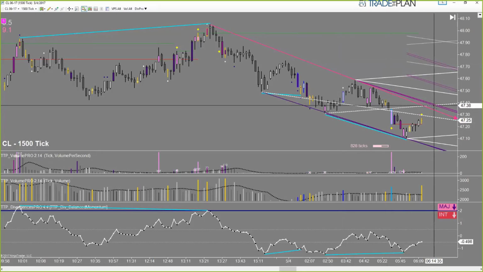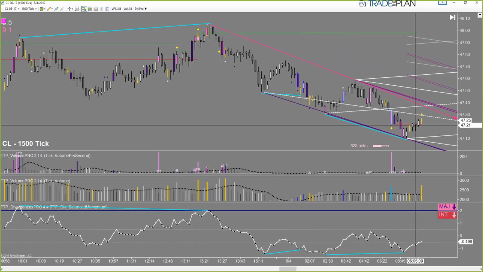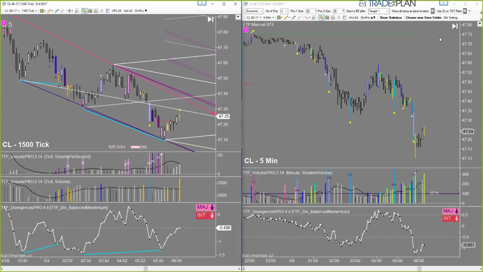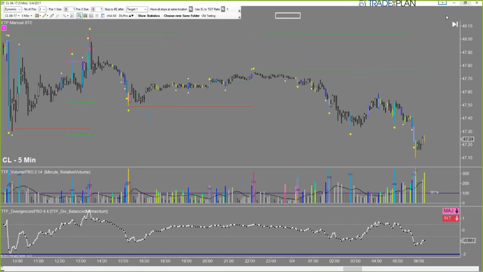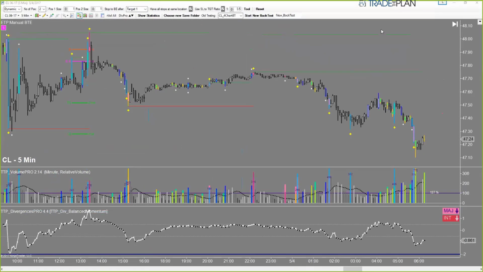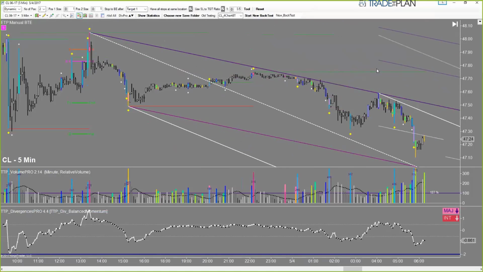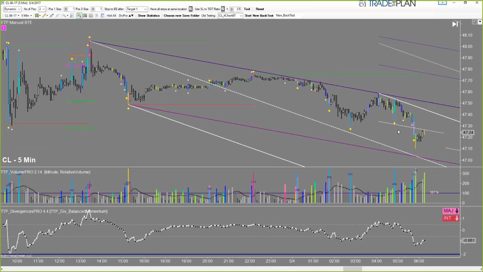All right, so it looks like we have a nice area coming together up here, but nothing really from where it's at right now. We had an obvious one at the high here. Let's see what else. And we've got room down to the bottom of that channel here. We are at the midline.